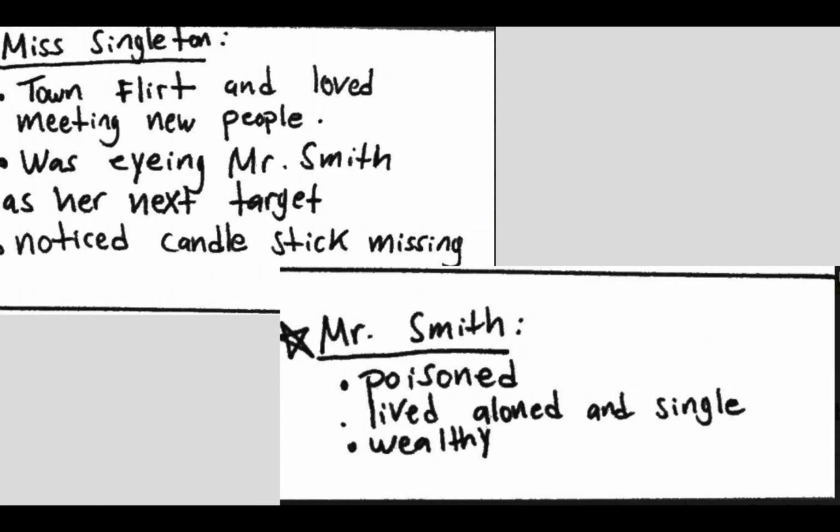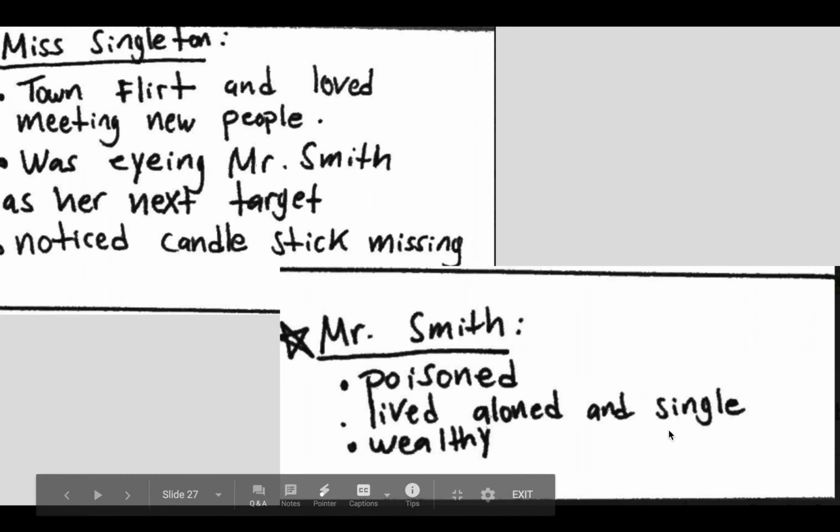So pause and write. Then we have Miss Singleton. Miss Singleton is the town flirt and loved meeting new people, was eyeing Mr. Smith as her next target. And notice candlestick missing. That's Miss Singleton, 3 bullet points worth of notes. So pause and write. Then for Mr. Smith, you need to know that he was poisoned, he lived alone and single.